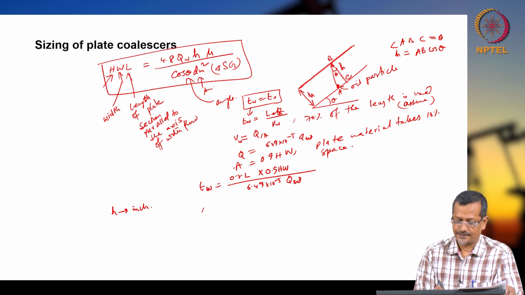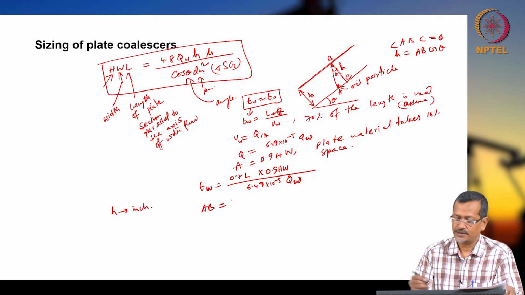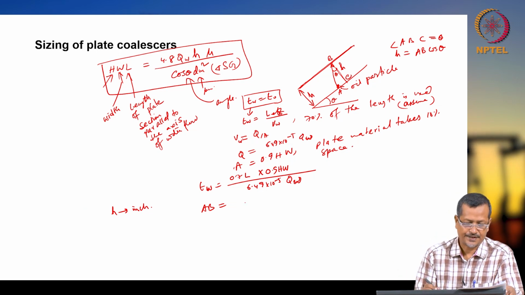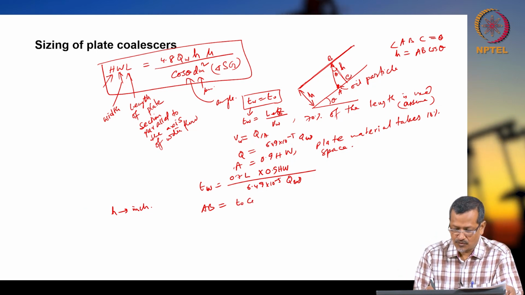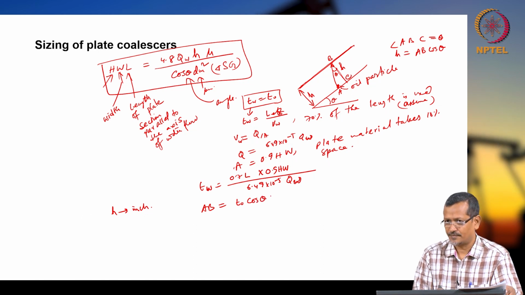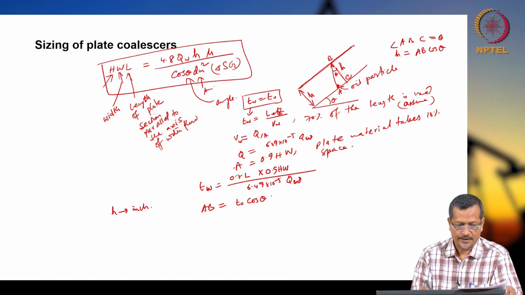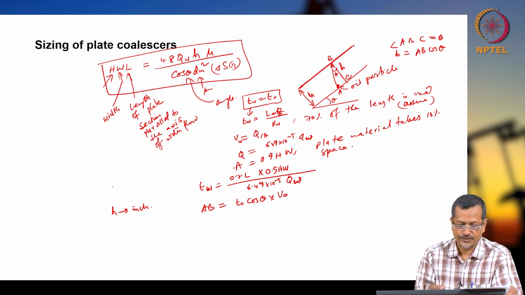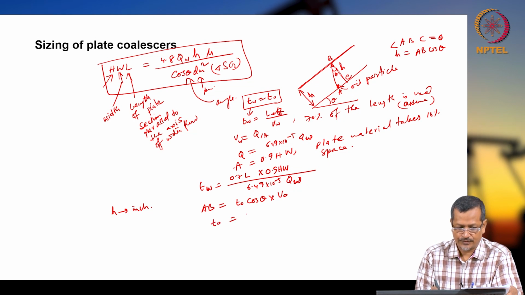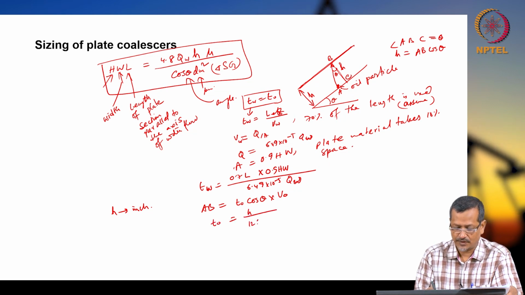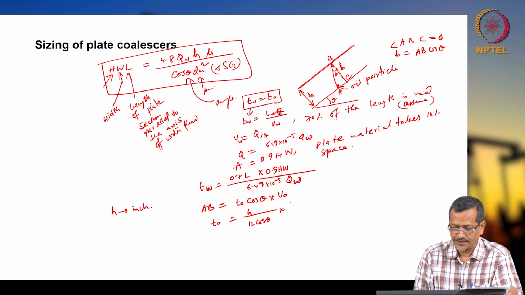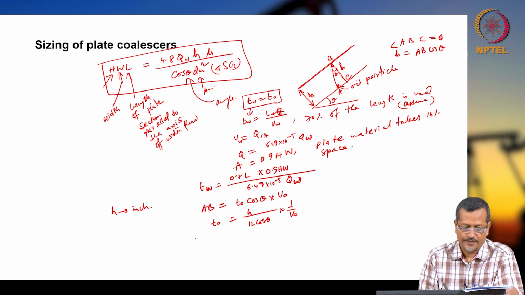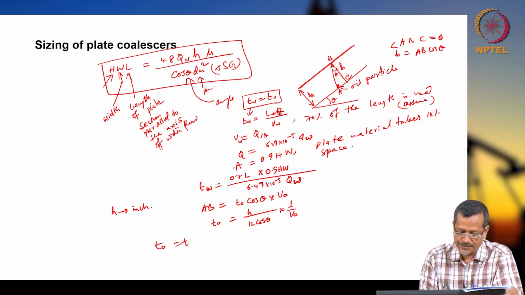Now what is AB? AB is actually the particle velocity and time. So the particle velocity and time is TO cos theta, while velocity into V. So now I can get TO equals H divided by 12 cos theta into V. Now TO equals TW.